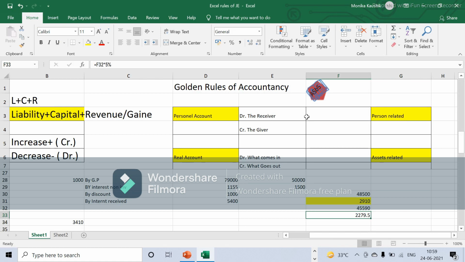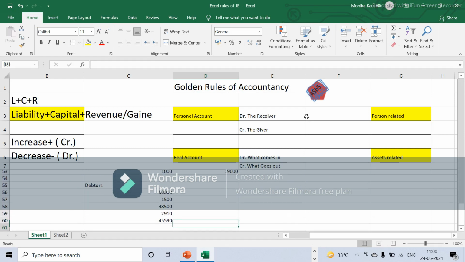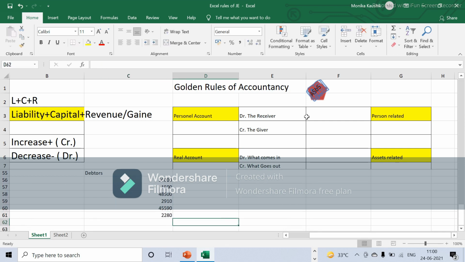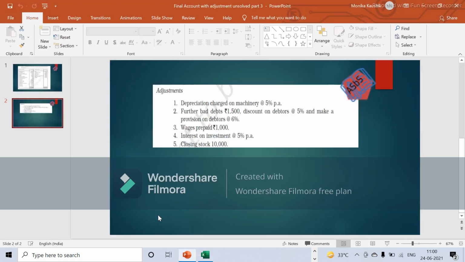I am just going to round up 2280. 2280 is the discount. I am going to deduct it. So the net debtors come to this minus this amount. These are the net debtors, right? 43,310 are my net debtors. So this is done now.